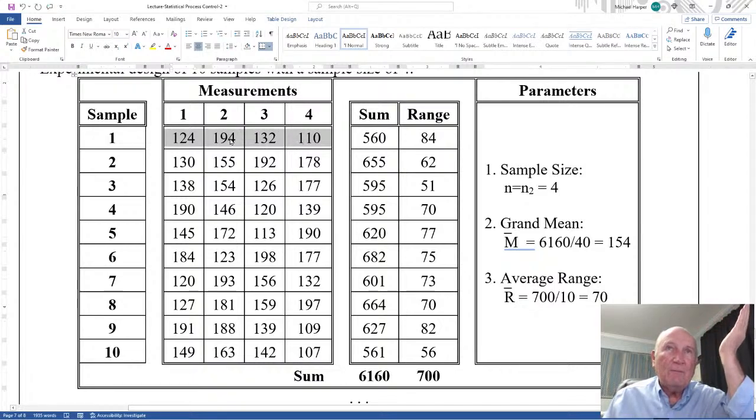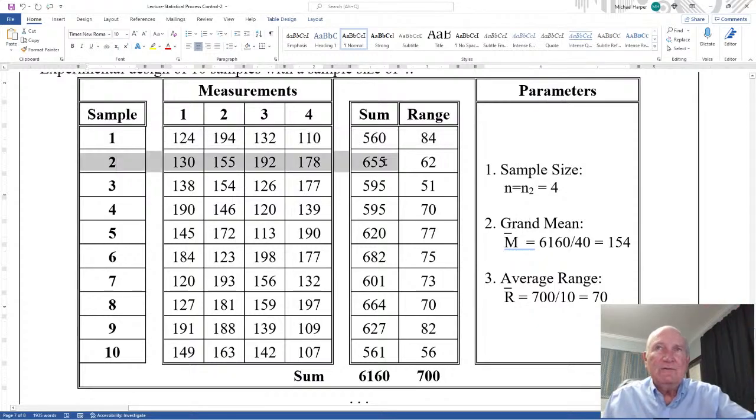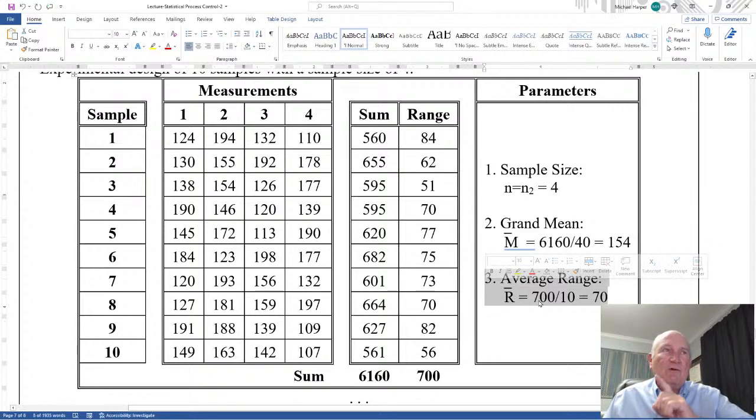Well, 194 minus 110 is 84, and that becomes the range of sample 1. We do that for every sample. For sample 2, the maximum is 192 and the minimum is 130. 192 minus 130 is 62. So we do that for every single sample, and then we sum the ranges and divide by the number in the sum, and that's my average range, R bar, and that will become the center line of the R chart.